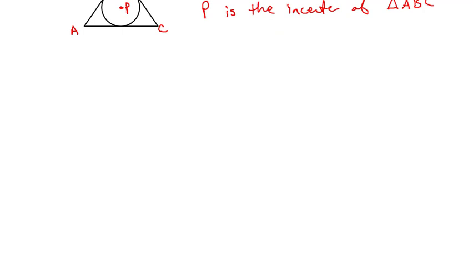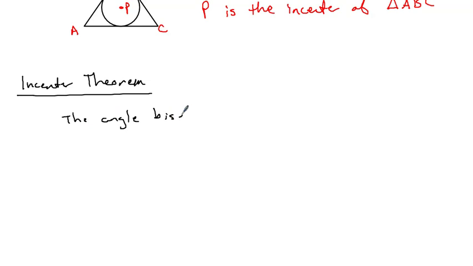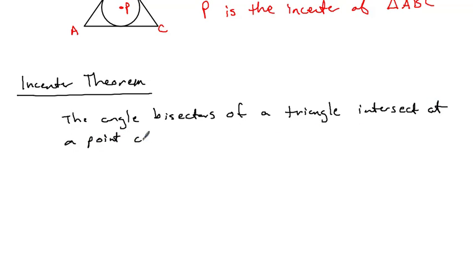So we're going to write down our incenter theorem and we are going to be done. The angle bisectors of a triangle intersect at a point called the incenter.